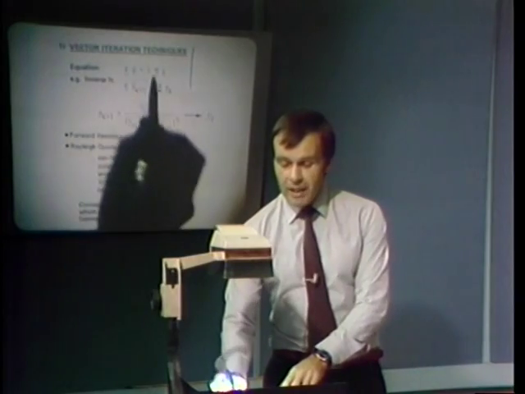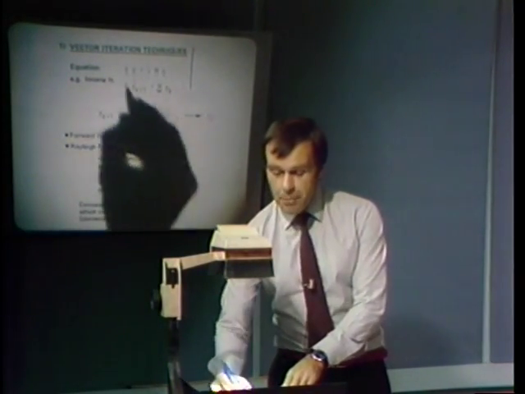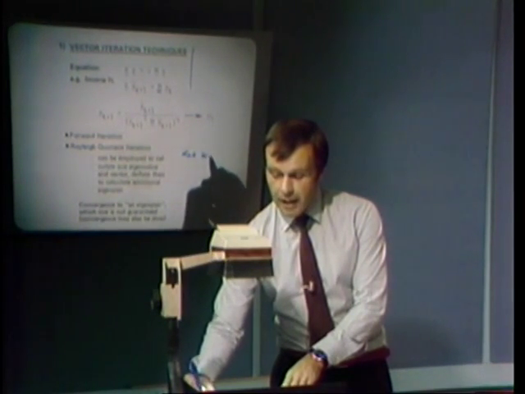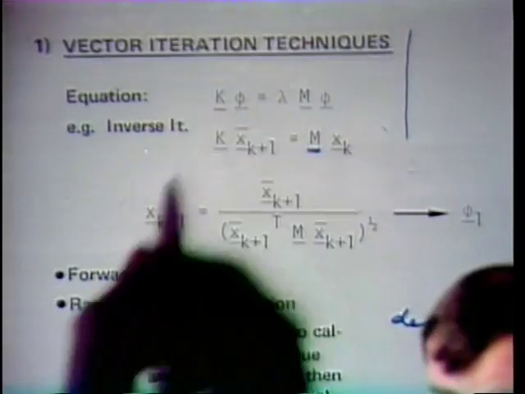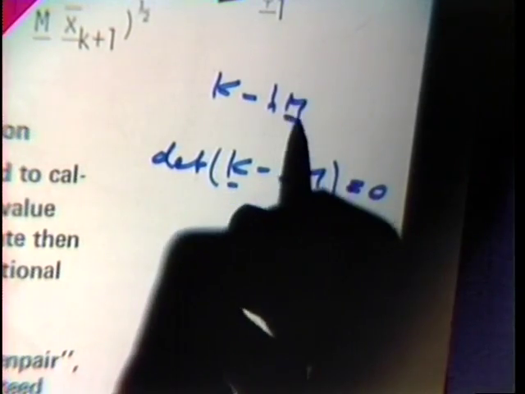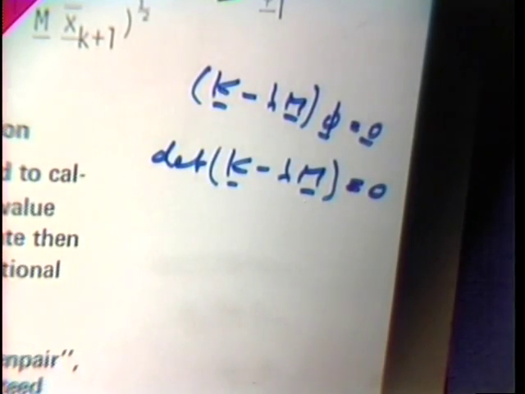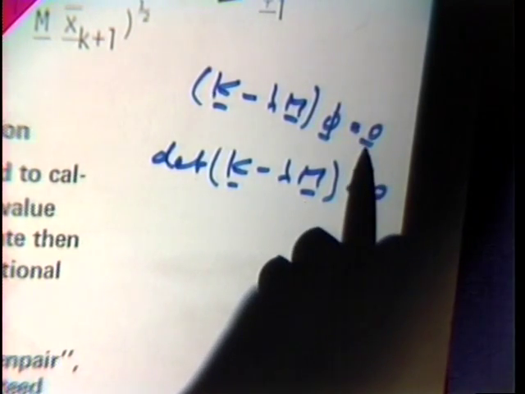If we are solving an eigenvalue problem, as shown here, then really that means the following. We are saying that determinant of k minus lambda m shall be equal to 0. Why? Because if we write this equation in the following form, k minus lambda m times phi equals 0, then we have here a set of simultaneous equations with a 0 vector on the right-hand side.